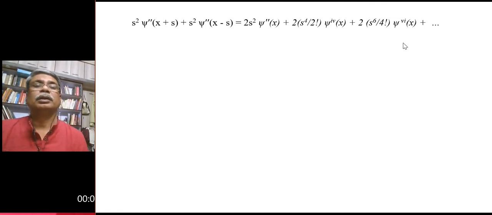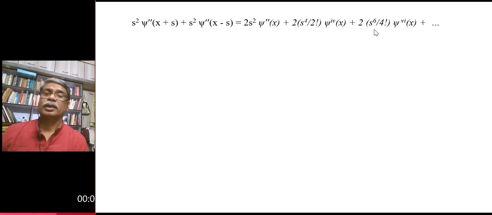Now what the solution is, because s to the power 4 psi fourth derivative and even psi fourth derivative are here, but here s to the power 6 is involved. So s to the power 6, as you know, is very small because s itself is very small. So we can neglect this portion and then we can express s to the power 4 psi fourth derivative in terms of psi double prime.